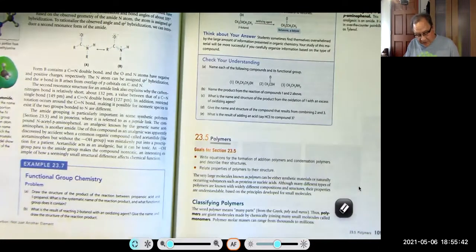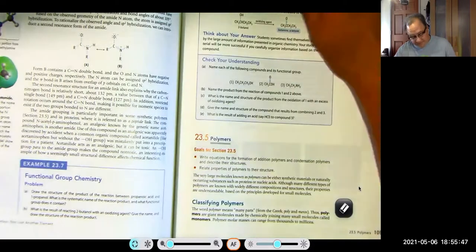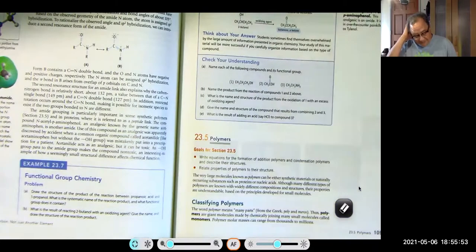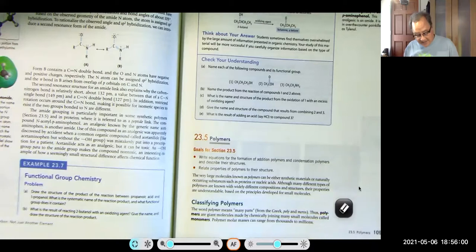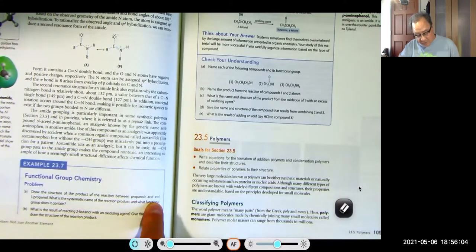Like here, what is the reaction of 2-butanol with an oxidizing agent? Did we do that? I mean, if it's O2. That's not what they mean. Okay, so it's not O2. It's like potassium permanganate.